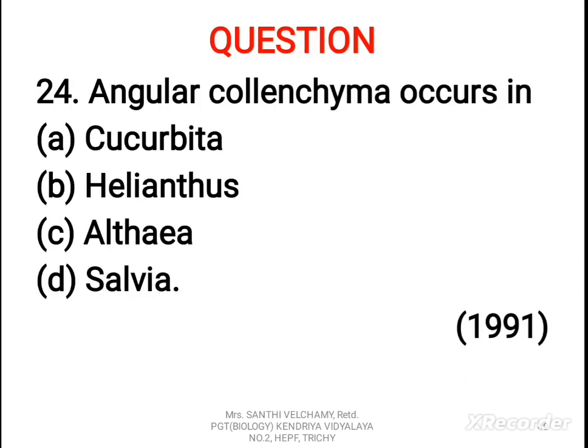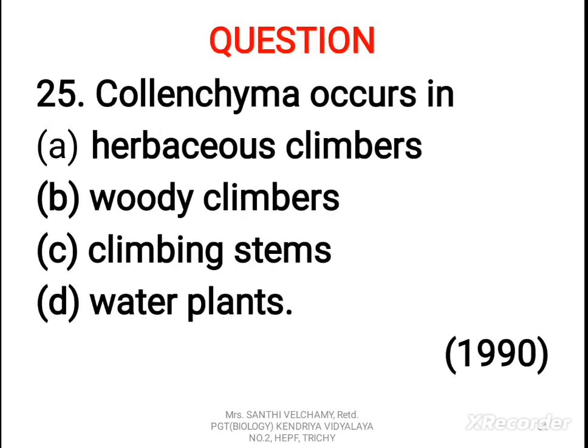Now next question. So the angular collenchyma occurs in A. cucurbita, B. helianthus, C. althaea, D. salvia. So the correct answer is A. Cucurbita. Now next question. So collenchyma occurs in A. herbaceous climbers, B. woody climbers, C. climbing stems, D. water plants.